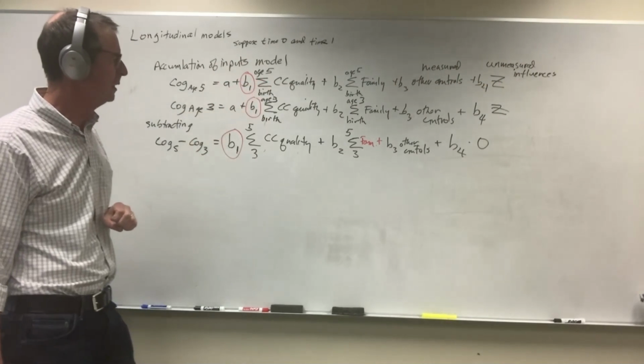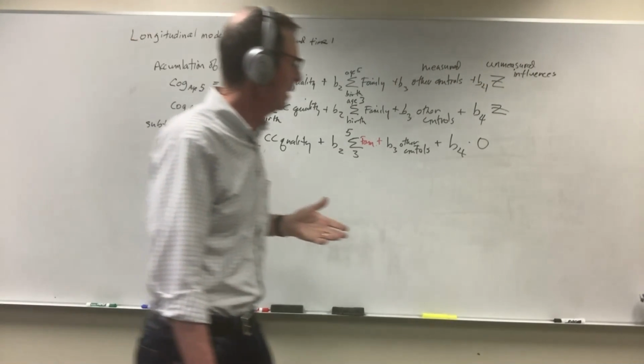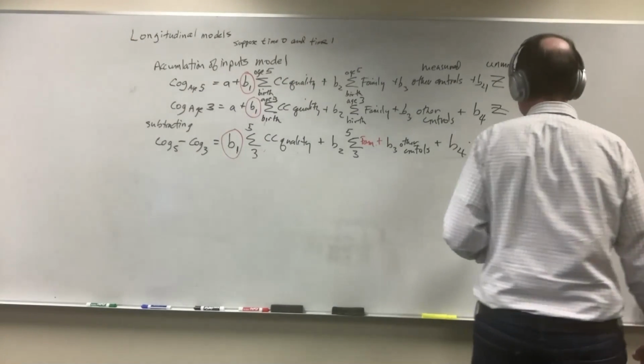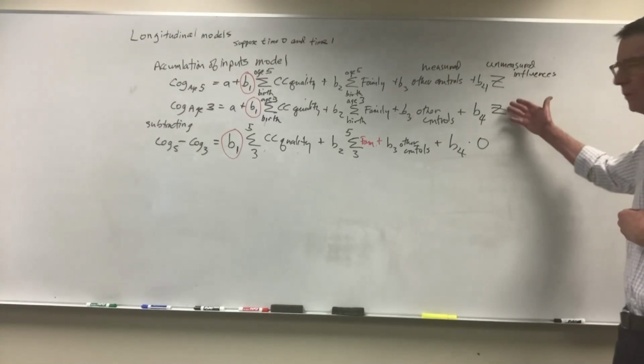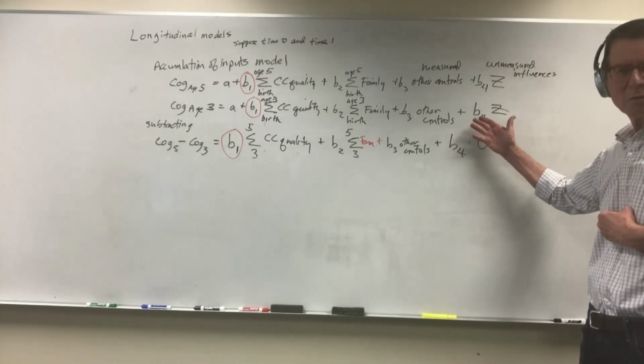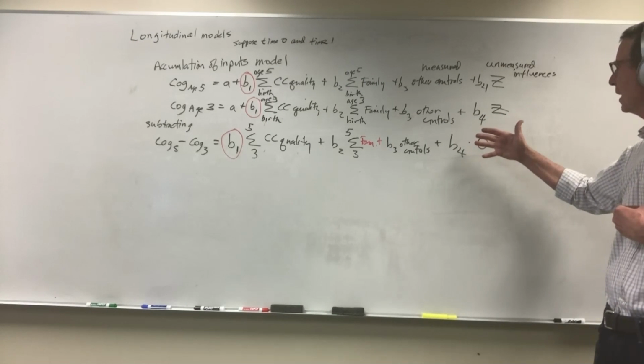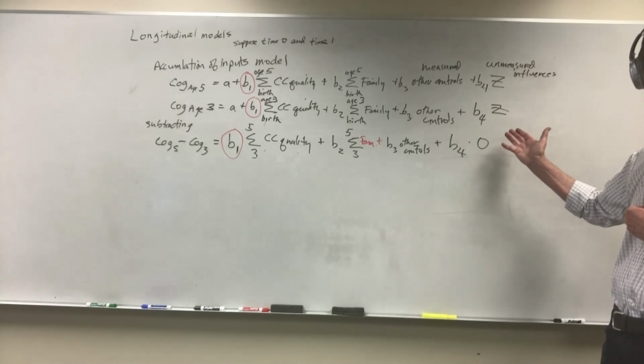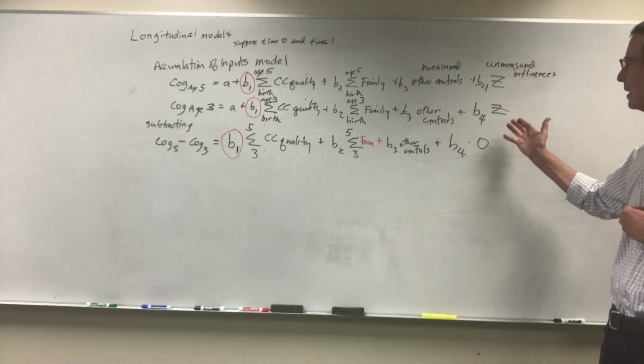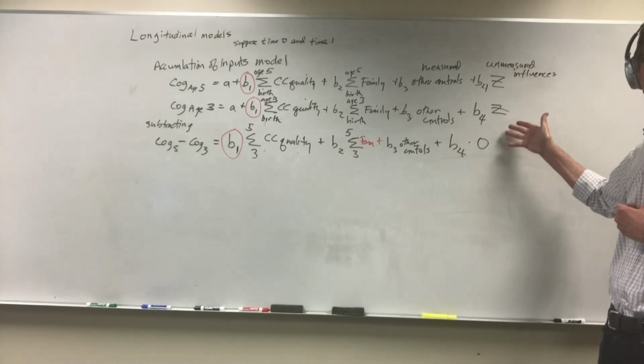That's true. Now, the other thing I've been a little bit fast and loose with, when I talked about the z variables, I just talked about persistent z variables, right? But there are time varying z variables that don't get differenced out, right?